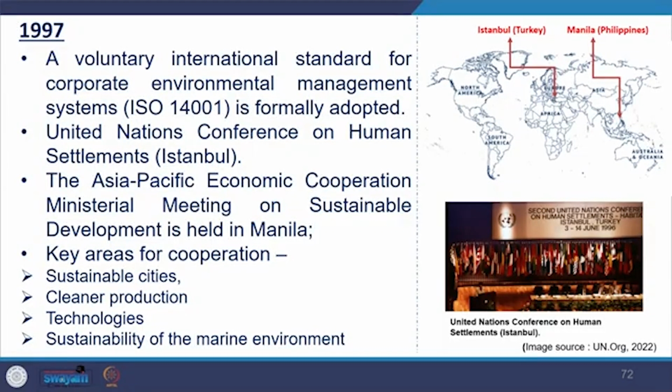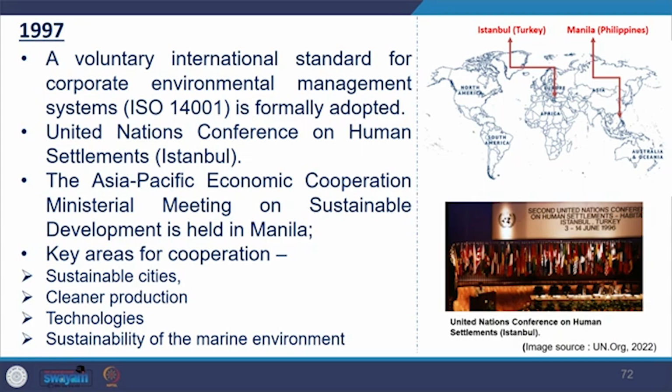Next, in the year 1997, ISO 14001 was formally adopted as a voluntary international standard for corporate environmental management systems. So now we see that for managing the environment, we have standards coming in. And in the same year, we also see the United Nations Conference on Human Settlements held in Istanbul.